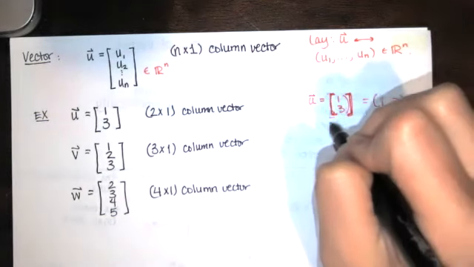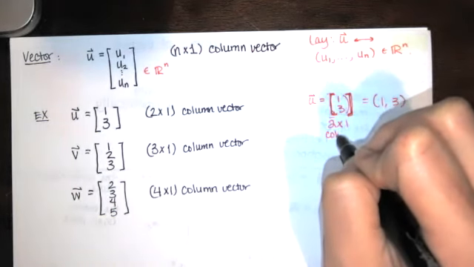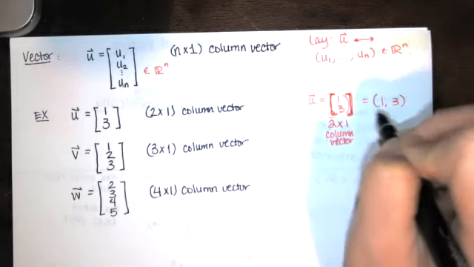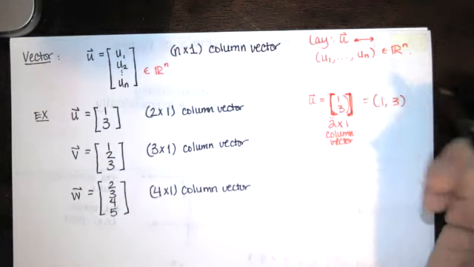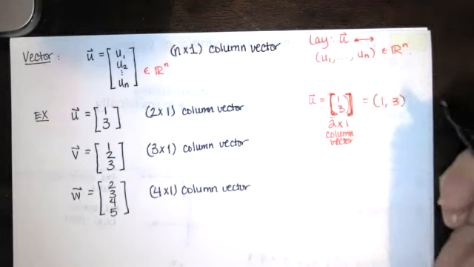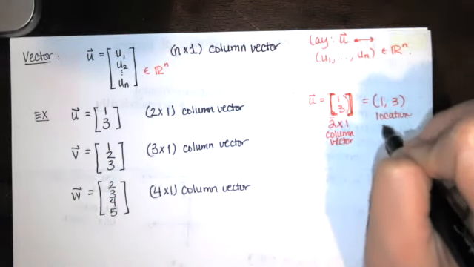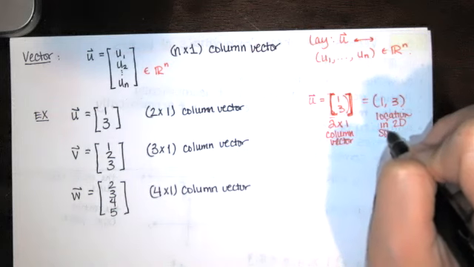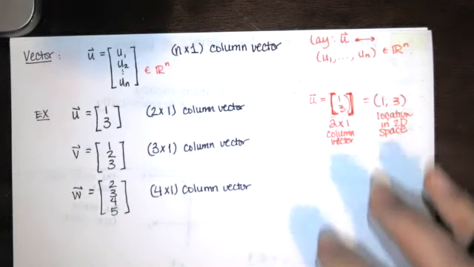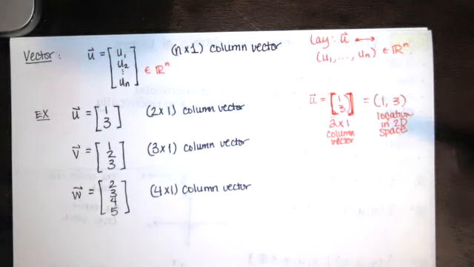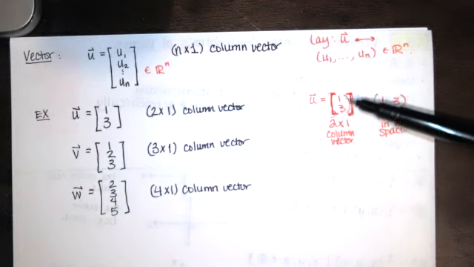This is a 2 by 1 column vector, and he's saying it's the same as this particular location in two-dimensional space. Now, again, this is not always used interchangeably. Sometimes we distinguish between vectors and points, but Lay is not distinguishing between vectors and points. He is associating this vector with this point.